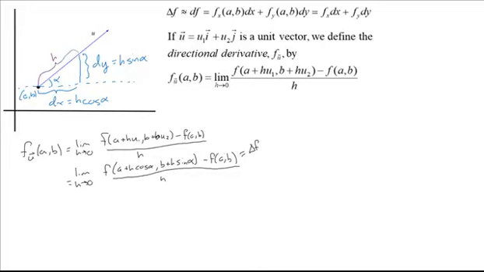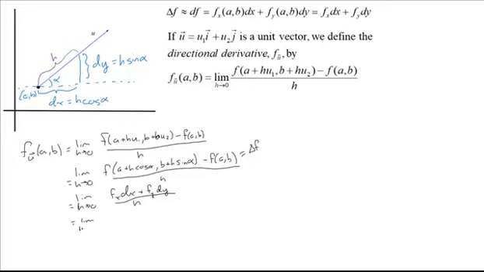Now this numerator, we can think of as equaling a change in f. We just said earlier that a change in f can be approximated by our differential. So let's see what that looks like. Limit as h approaches 0 of f sub x dx plus f sub y dy, all over h. Now we'll substitute in our dy and our dx from above.